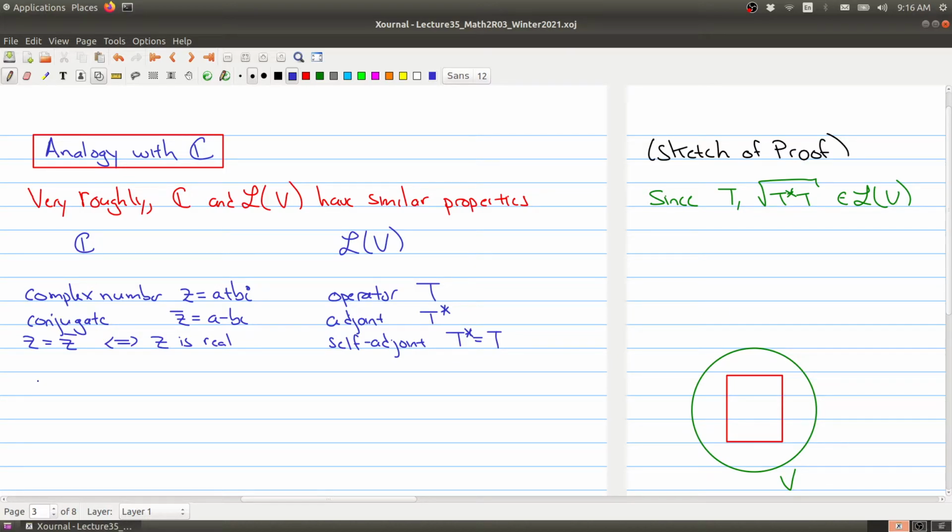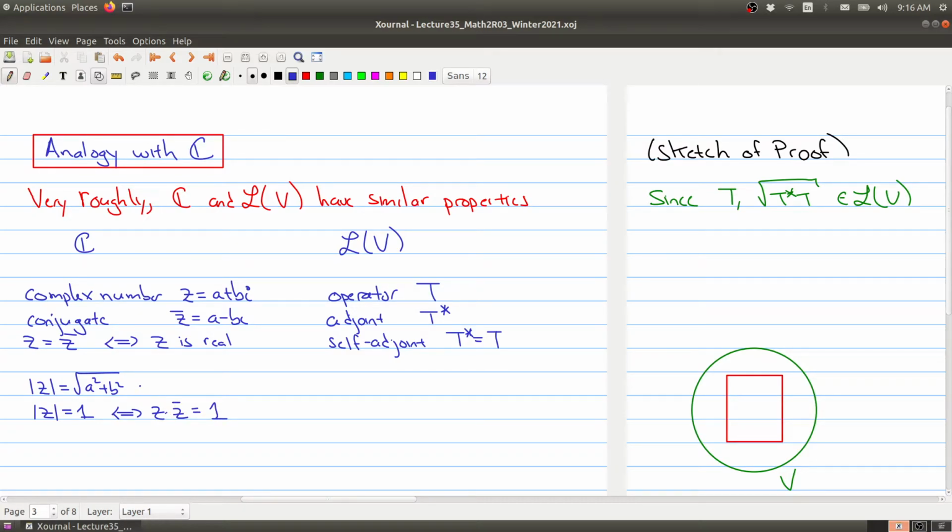Now remember that the length of a complex number, or the norm, is equal to the square root of a squared plus b squared. That's how we define it. And notice that if this is 1, that's the same thing as saying that z times its conjugate is 1.